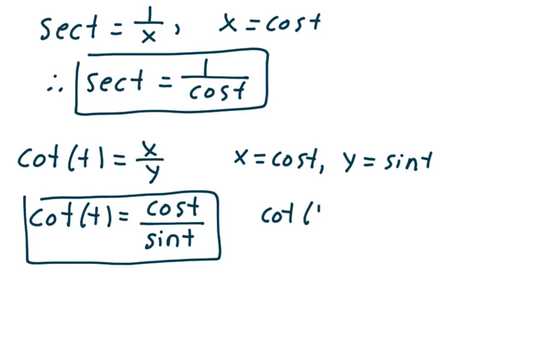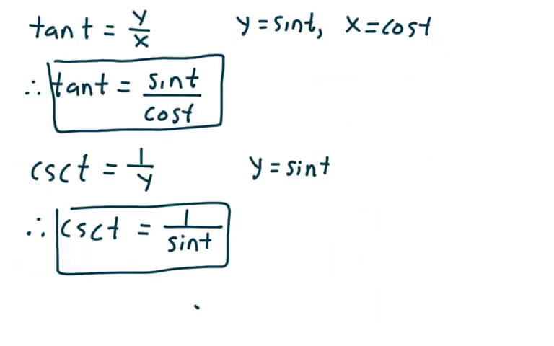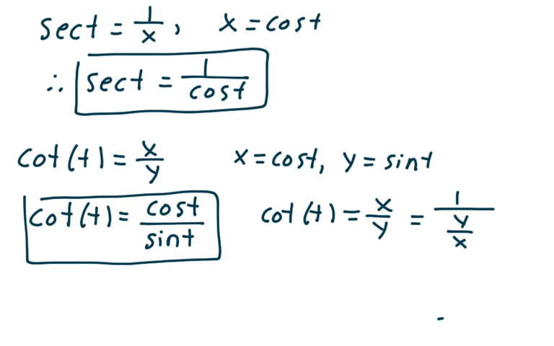Cotangent of t is equal to x over y, which is the same as 1 divided by y over x. But if you remember back here, y over x is the same as tangent of t. And so I can say that cotangent of t is 1 divided by tangent of t.